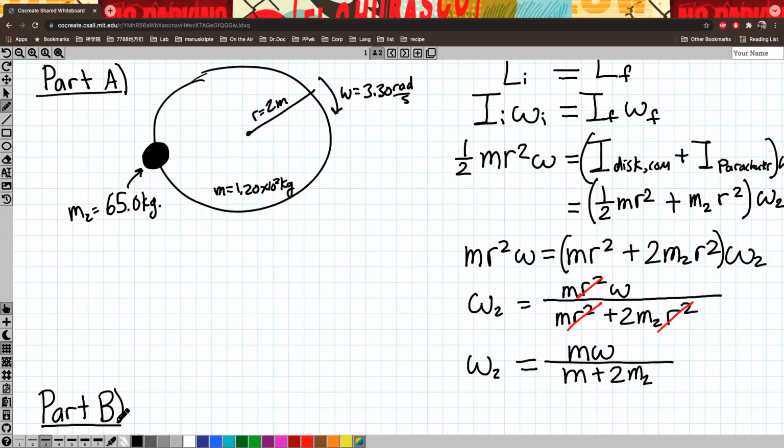I seem to be getting 1.58. I'll try again. Perhaps it's a calculator. 120 times 3.3 divided by 120 plus 2 times 65. Still getting 0.49.